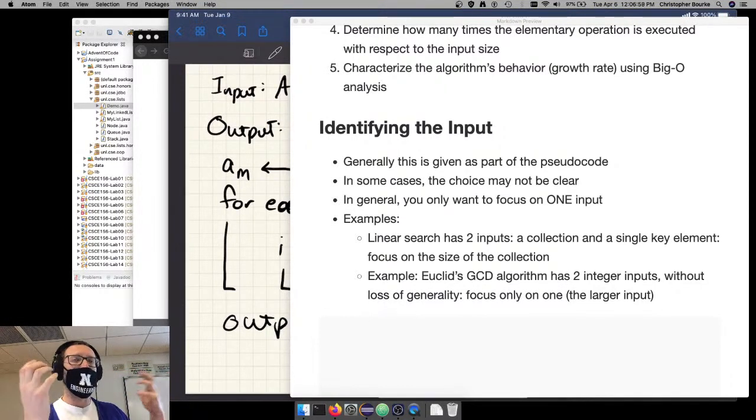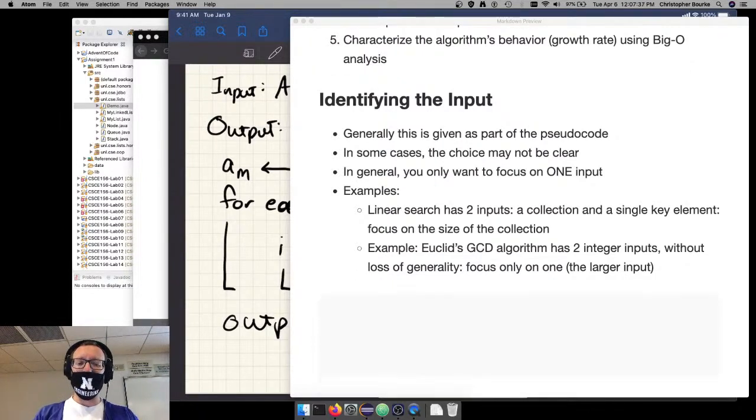Because if the number of operations is going to be proportional to the input size, then I'm going to take the one that's larger. To really separate those two ideas, say you want to find the GCD of a 10,000 digit number and a 5-digit number. Which one of those should you focus on? The larger one, because it's going to take more operations to cut that number down until you get down to the GCD, etc.